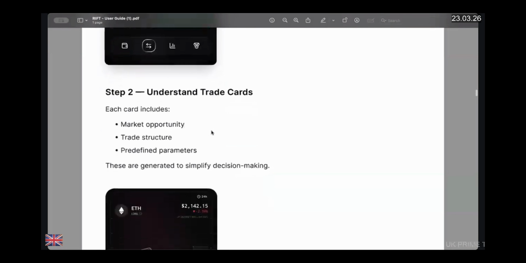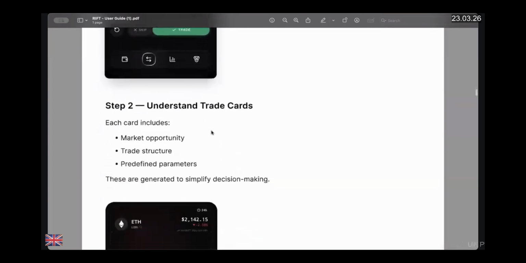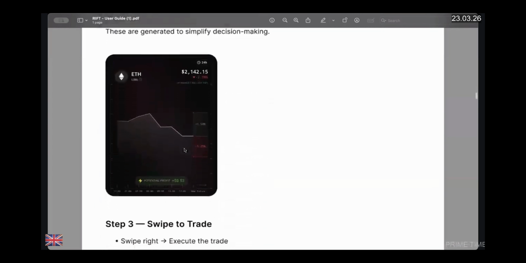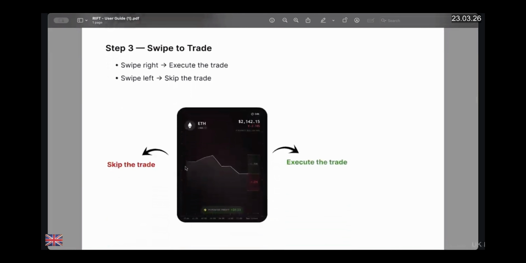First you understand the trade cards, the opportunities that appear in front of you, the trade offers, which you can accept, reject, or skip and go on to another one. And how do you execute the trade? If you swipe left, you skip the trade. If you want to execute, you swipe right.